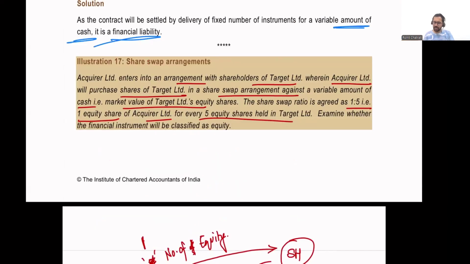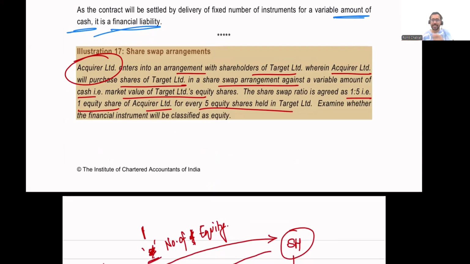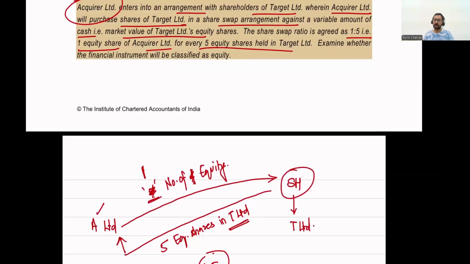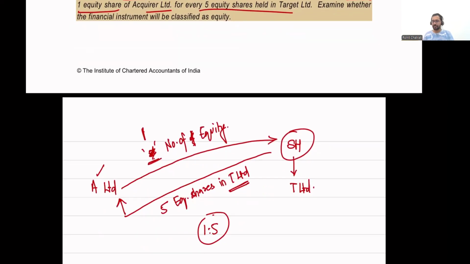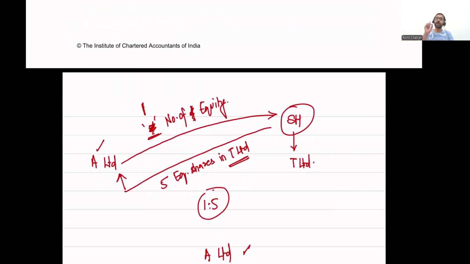The question is, will this transaction be classified as equity or financial liability in the books of Acquirer Limited? Over here it does not pass the fixed for fixed test, because although A Limited has an obligation to deliver a fixed number of equity shares, one share, A Limited will be receiving a variable amount of consideration, because the 5 equity shares' worth is not going to remain fixed.